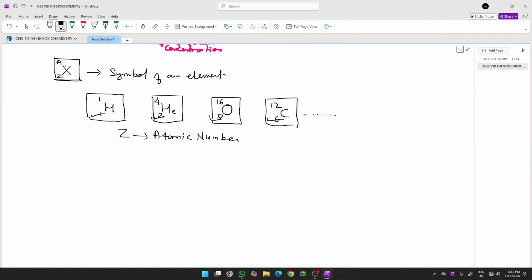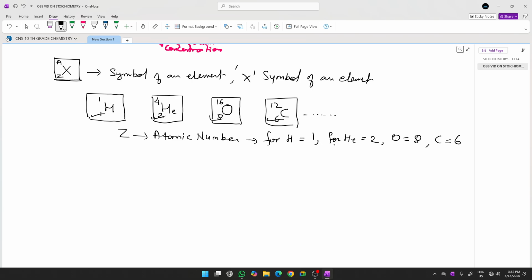In general, X is a symbol of an element. The number at the foot of this symbol is Z, the atomic number. The atomic number of hydrogen is 1, helium is 2, oxygen is 8, and carbon is 6.